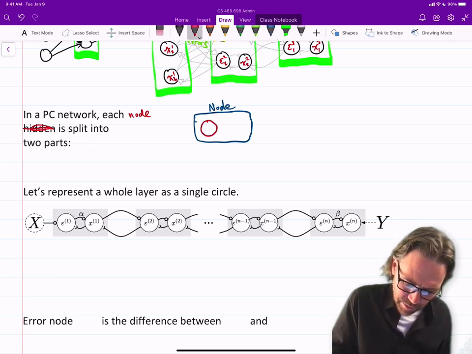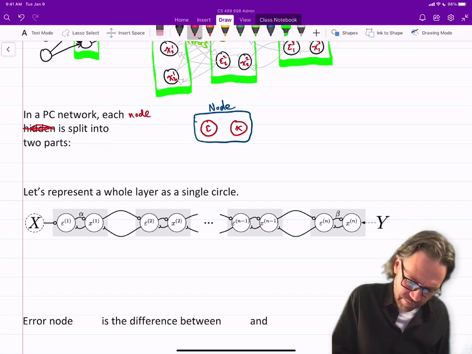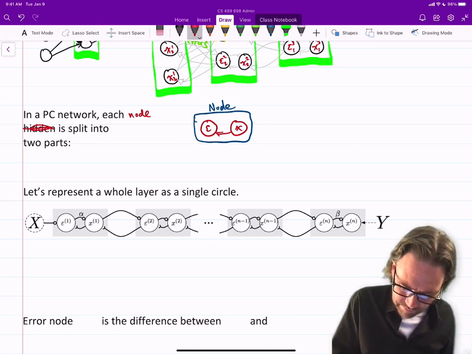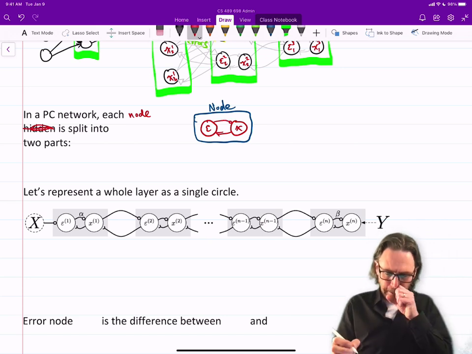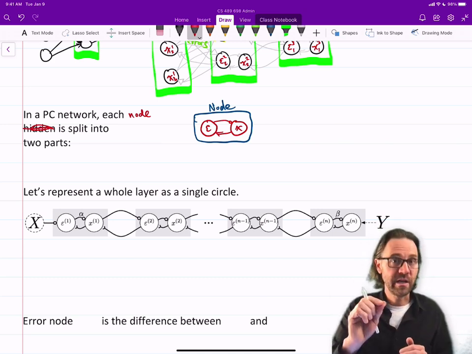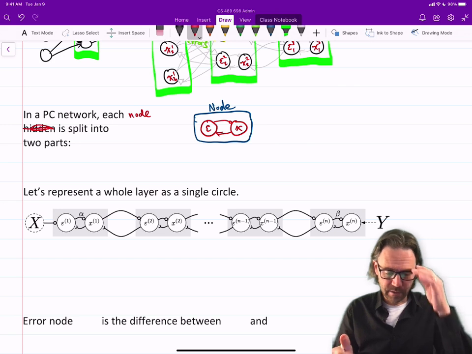There's this error part and this other part. And now we have communication between them, which I'll draw like that. Wiggly line. So usually when I put that little circle on the end of a connection, that means it's inhibitory or a negative connection.